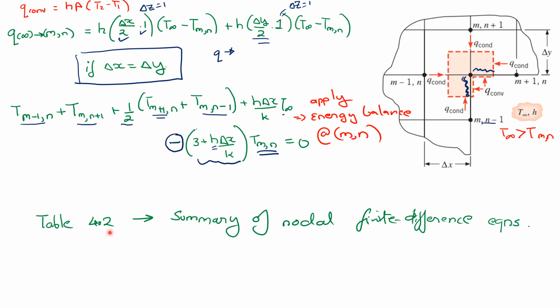You may have to tweak it a bit, so the equations in table 4.2 may be given for the x direction, but you may have similar conditions only in the y direction, so you may have to flip the temperatures and replace your delta x by delta y. So you need to be smart about that, and you need not start from your energy balance equation and waste time. You can just use those equations.